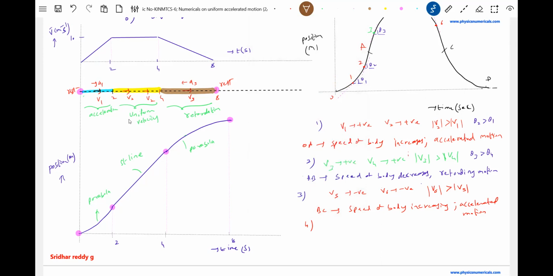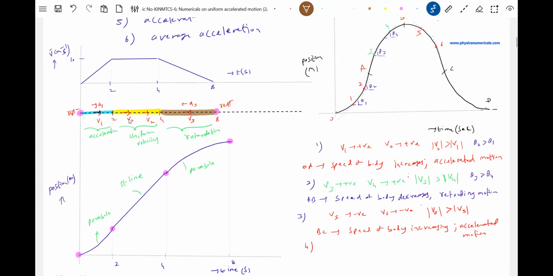Now the last part, CD. Again, we'll draw a tangent. This will be 7, this will be 8. So the slope at 7 is more than that at 8, no?